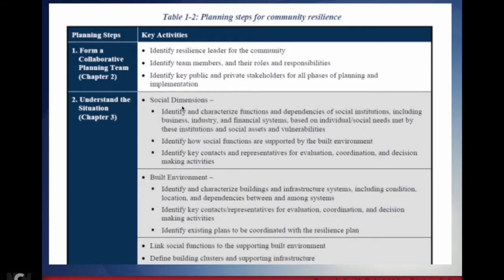Well, they failed to understand the situation, particularly the social dimensions of the situation. They didn't quite grasp the needs that the public had in being able to rebuild and recover the basics that they needed in their lives.